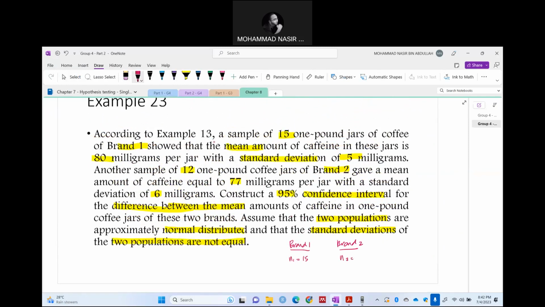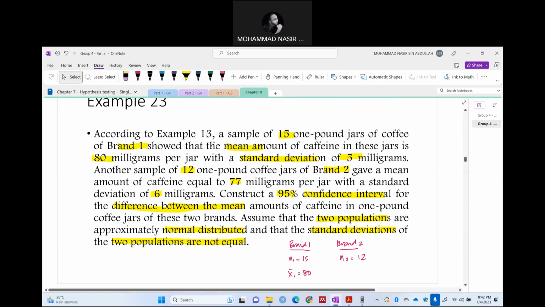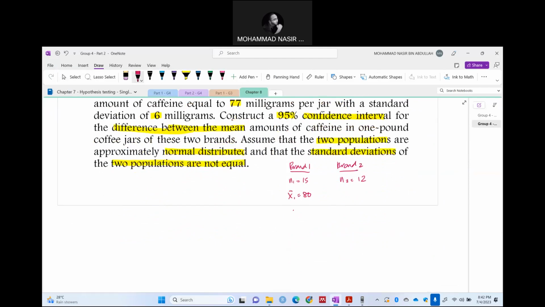For brand 2, we have n2 equal to 12. x bar 1 is equal to 80 and standard deviation s1 equal to 5. x bar 2 is equal to 77, s2 equal to 6. So we want to construct a 95% confidence interval.